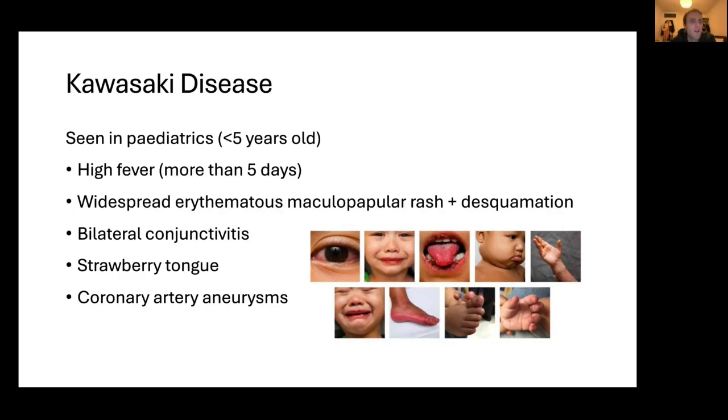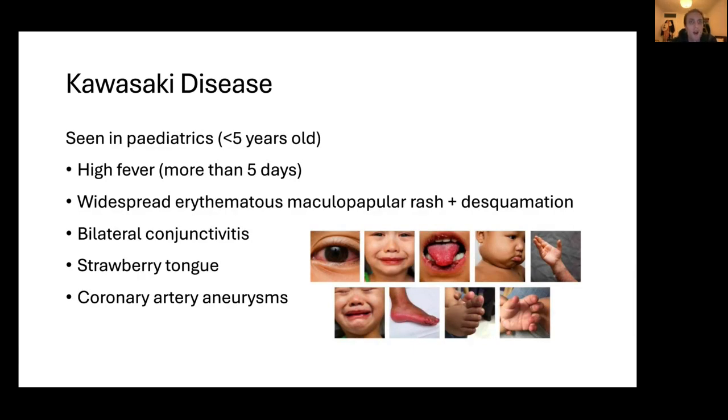Usually in children less than 5 years. What should be making you think, could this be Kawasaki disease? If you see a child and they've had fevers for more than 5 days, good going fevers above 39 degrees, that's what's ringing alarm bells. This is no longer your usual presentation of a viral illness. It's going on quite a bit. And then they've got these rashes.